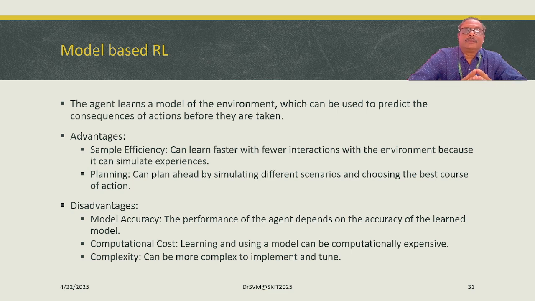Only that information it has, and anything out of that is difficult to imagine, and because of that, we can't guarantee the accuracy of the model. The next issue is about the computational cost. Yes, learning is one thing, and then using this model. For creating the model, we have to spend resources and time, and hence it will be computationally expensive.